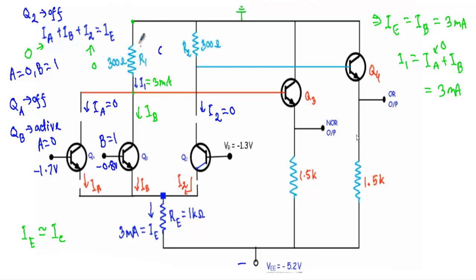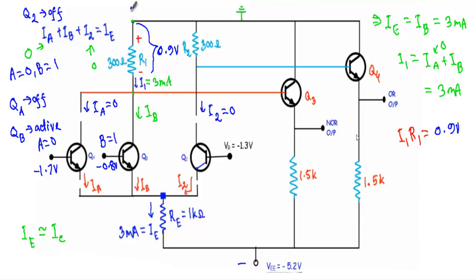Therefore I will get a voltage drop whose positive terminal will be here and negative terminal will be here. I1 R1 voltage drop, I1 R1. I1 is equal to 3 milliampere and R1 is 300 ohm, so I will get a voltage of around 0.9 volt from this terminal to this terminal, 0.9 volt with negative terminal here and positive terminal here.